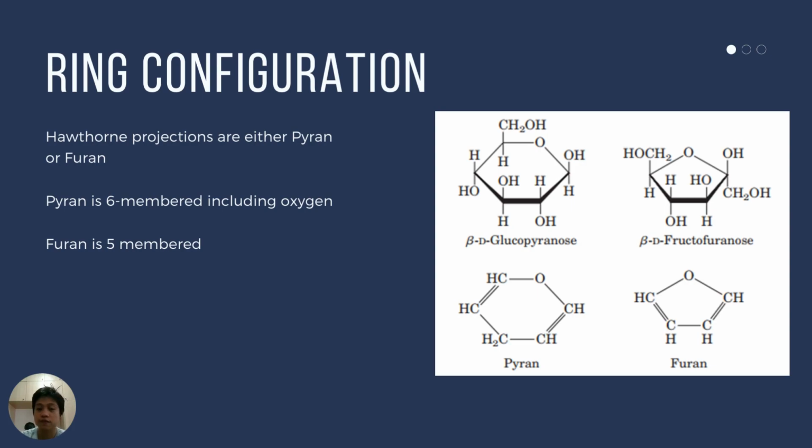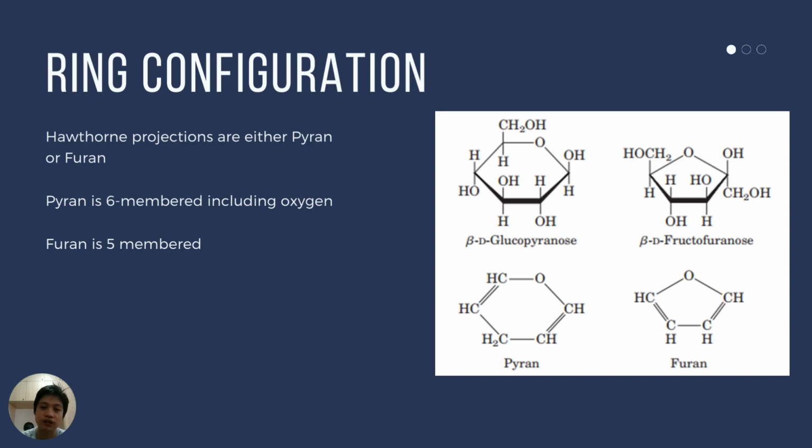On the right side of the image, you have fructose, which is another sugar or another monosaccharide. But even if it has 6 carbons in total and 6 carbons in the Fischer projection, fructose is represented here as furan, which means it is only 5-membered.